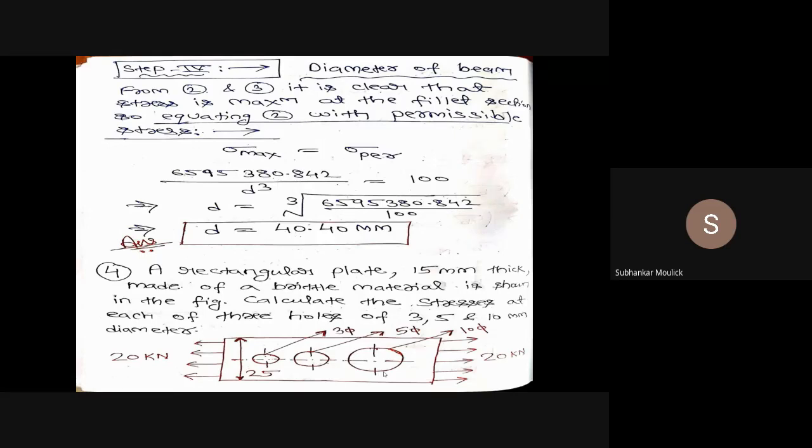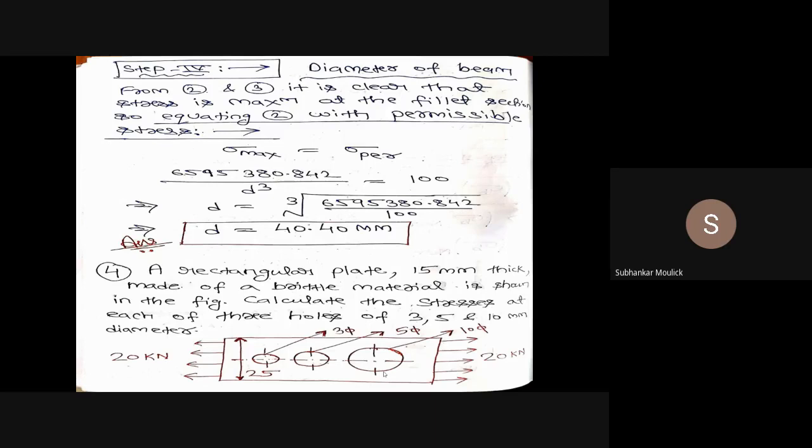We will find out the value of Kt, that is the stress concentration factor, from the design data book. We will calculate the value of nominal stress for a plate, because if you see the diagram, there is a rectangular plate, and in this rectangular plate a hole is drilled. So the corresponding nominal stress equation we will write.